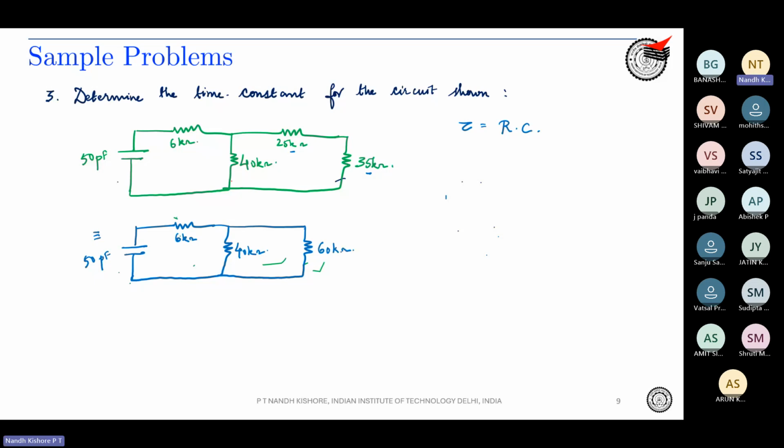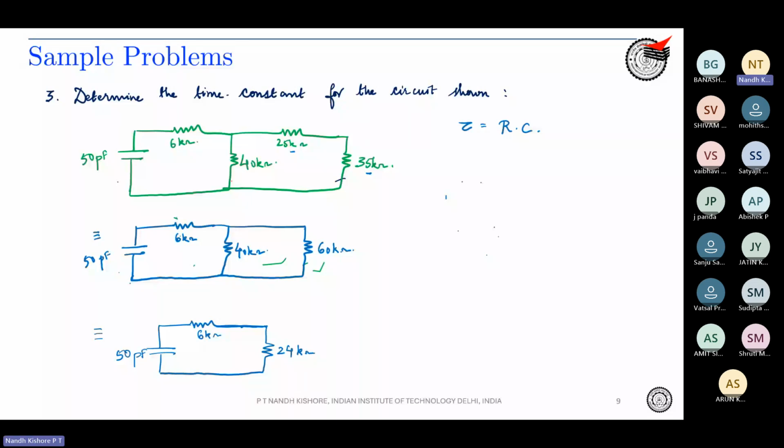Now 40K and 60K are in parallel. What is the parallel of 40 and 60? 24, correct. So this is 24K.